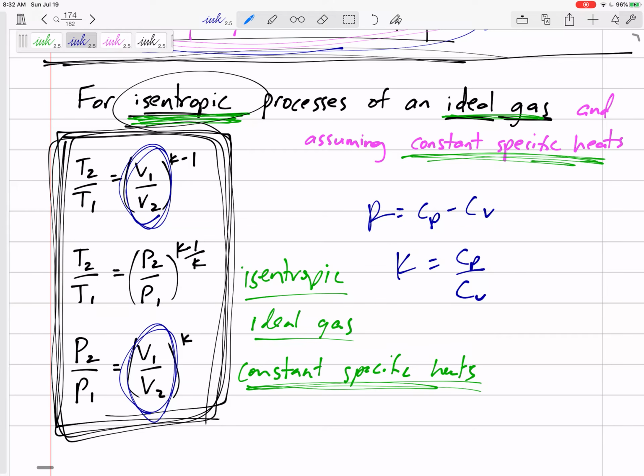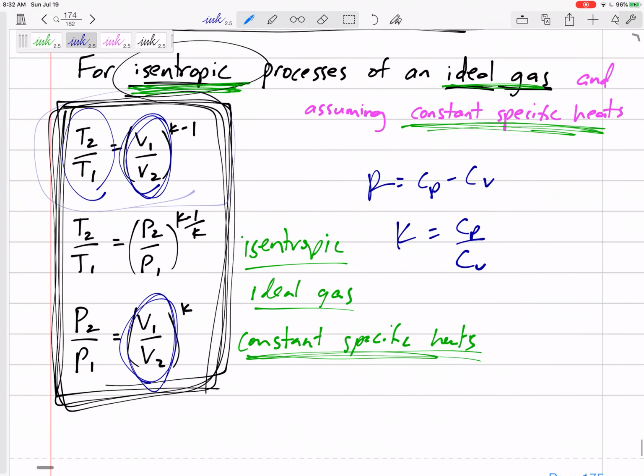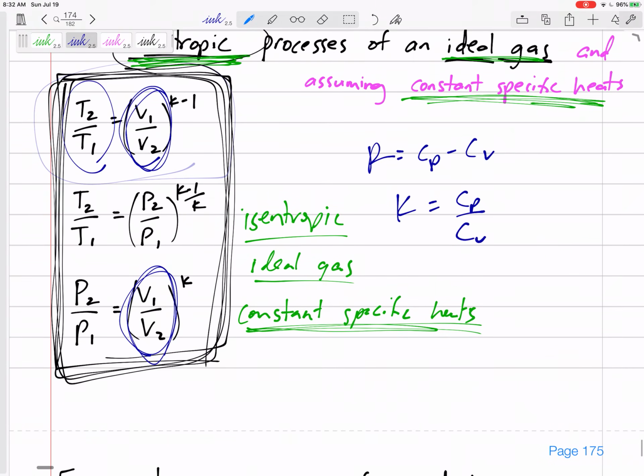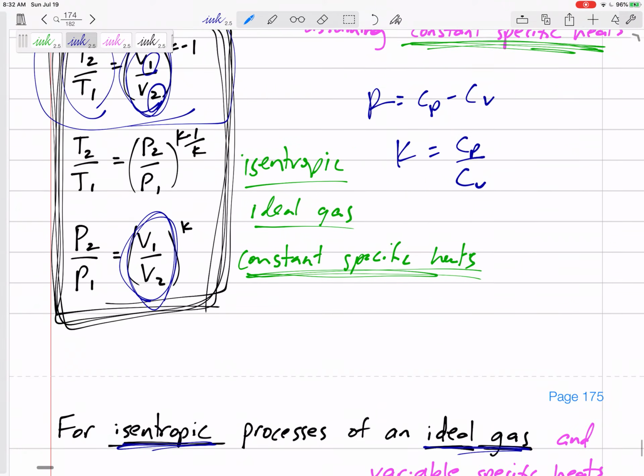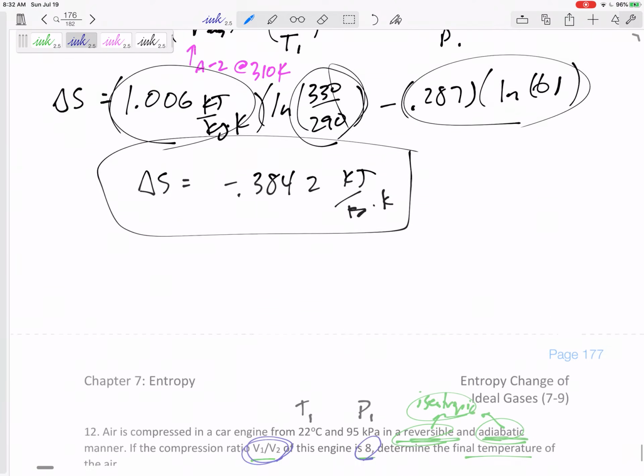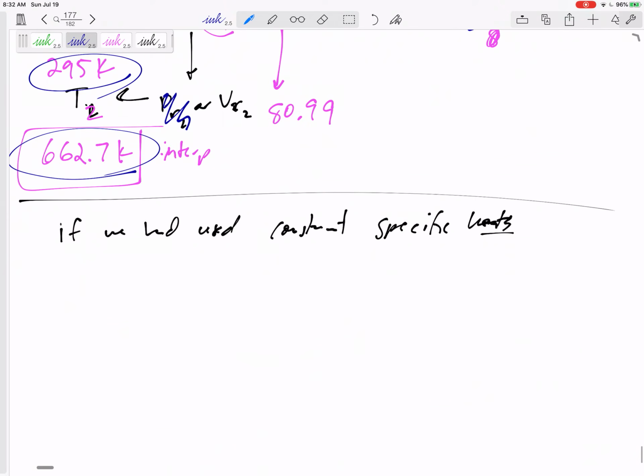And I know the initial temperature, I'm trying to find the final temperature, so this is the equation I would use. T2 over T1 equals, now be careful, V1 over V2 raised to the k minus 1.